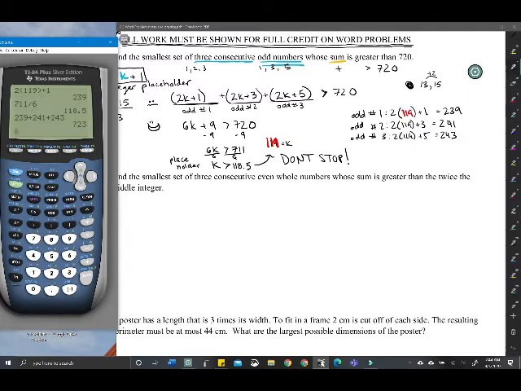So 2 times 118 plus 1 would have been 237. So 237 plus 239 plus 241 would have been slightly less than 720. So that placeholder needs to start at 119.